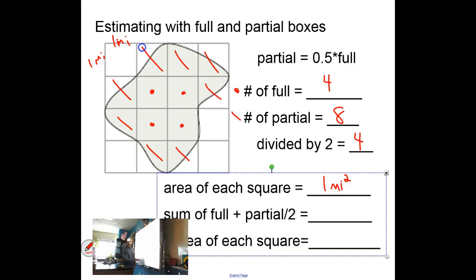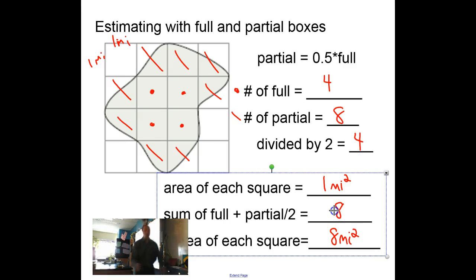Now, the sum of the full and partial boxes: the number of full boxes here is 4, number of partial boxes divided by 2 is 4, so I end up with 8. And multiplied by the area of each square, we're estimating it at 8 square miles.